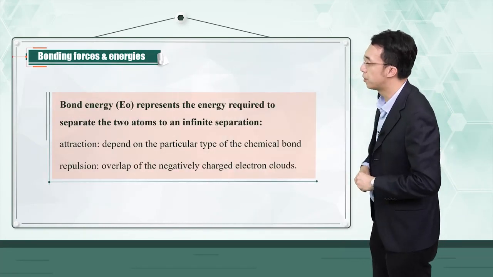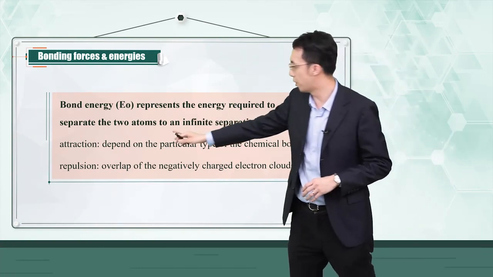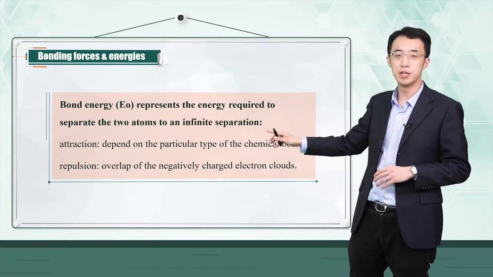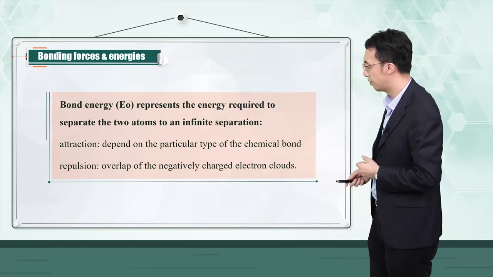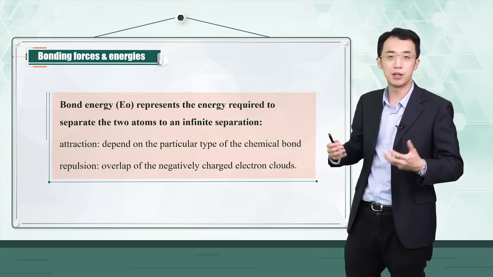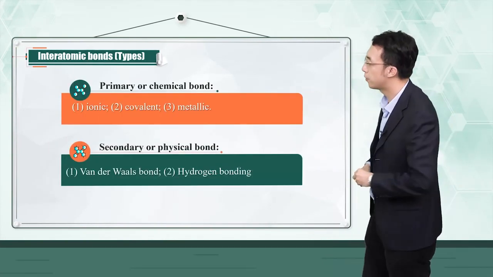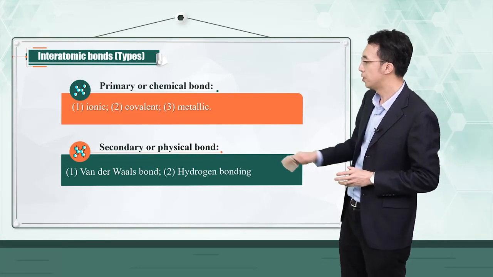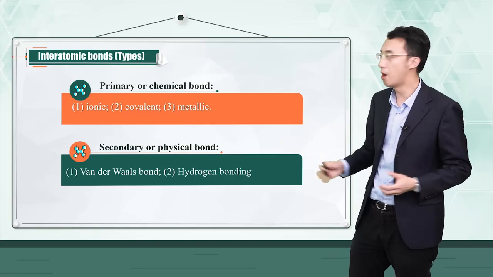Okay, so the bonding energy represents the energy required to separate the two atoms to an infinite separation. So to pull them far apart from each other. And this really depends on the electronic structure of your atoms. So there are essentially two types of chemical interaction between atoms and molecules.